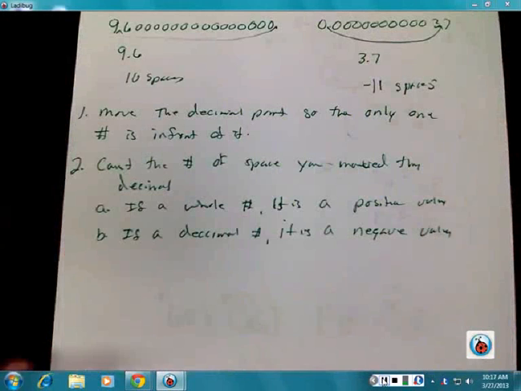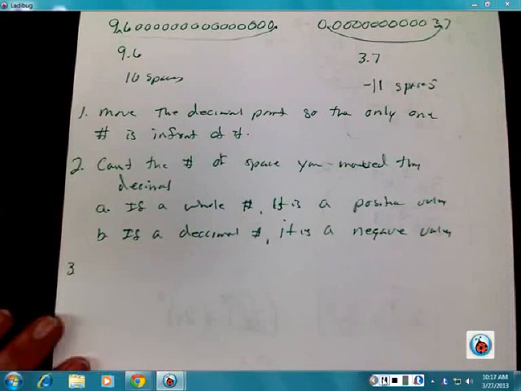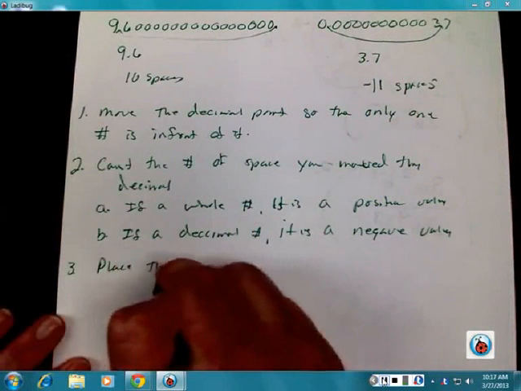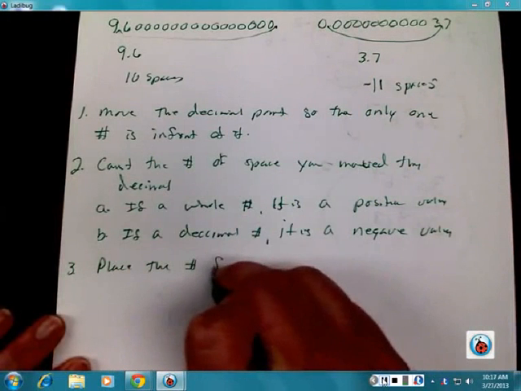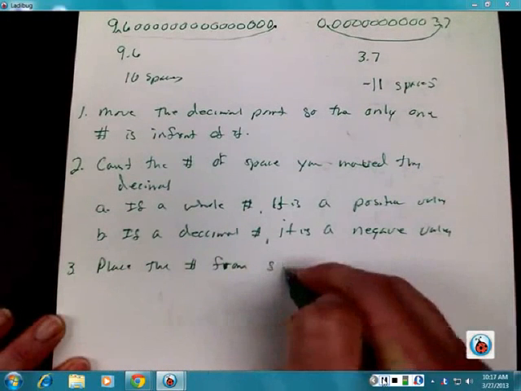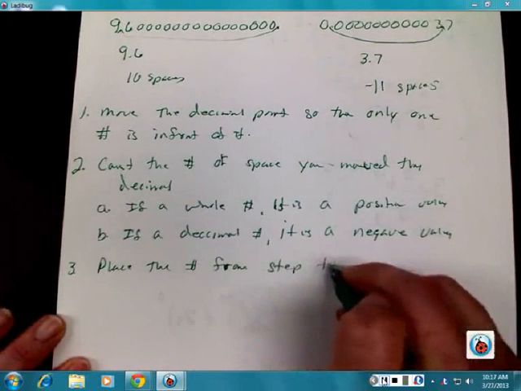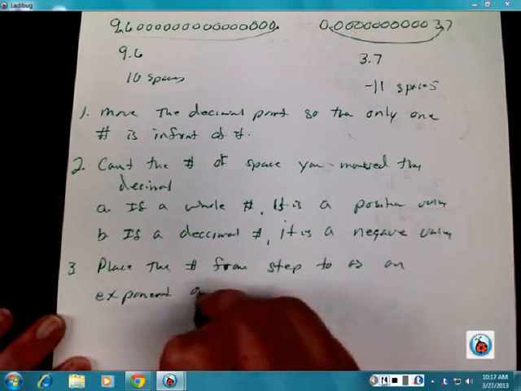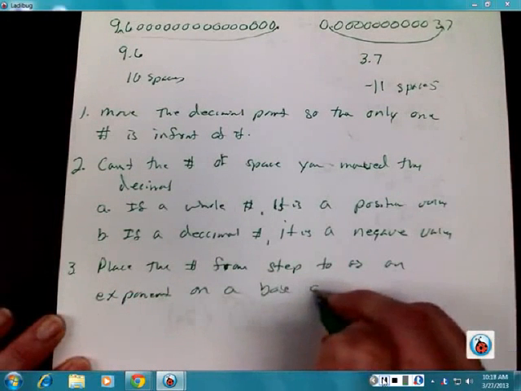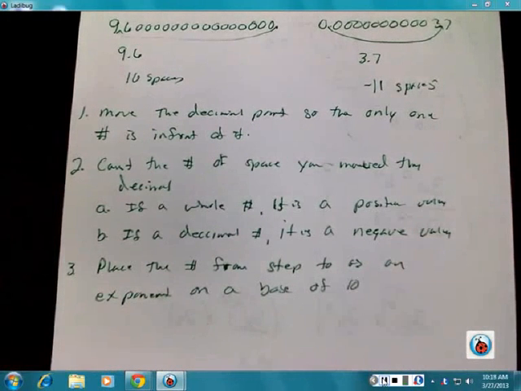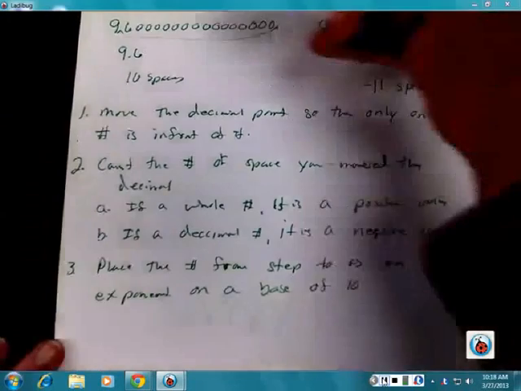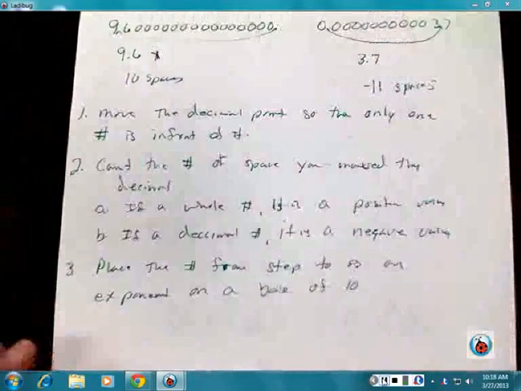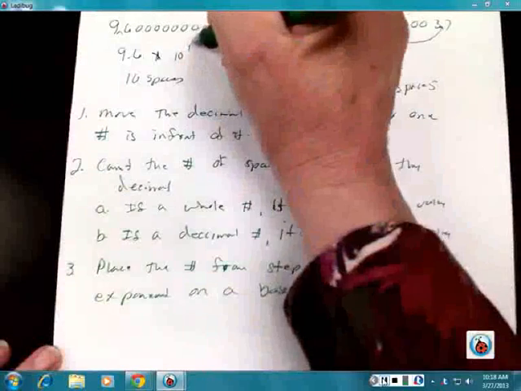Then step 3: place the number from step 2 as an exponent on a base of 10. So my true scientific number for this long whole number is 9.6 times 10 to the 16th power.